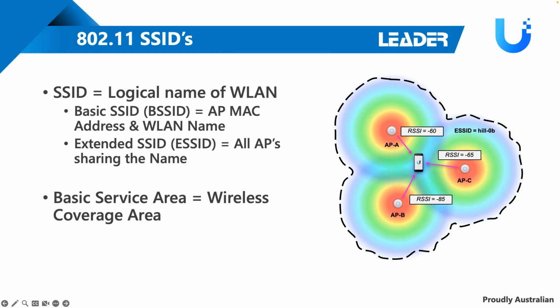If the client device has the correct username and password, or RADIUS or MAC authentication is enabled, or it has the correct password if you're just using standard WPA, and it knows that SSID name, then it will continue to hop to other access points that share that same wireless LAN name and password.